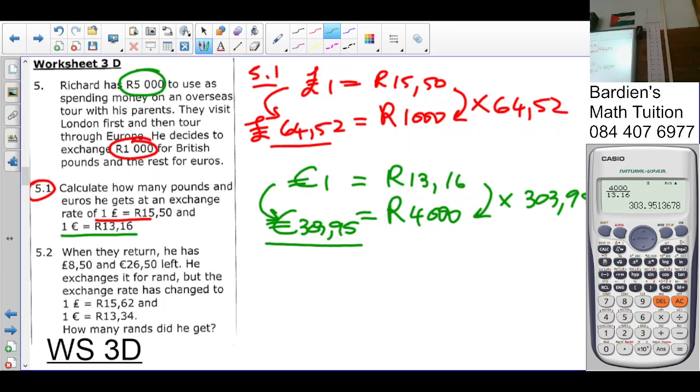Do you guys understand? Now 5.2. When they return, he has 8.5 pounds, or 8 pounds and 50 cents.